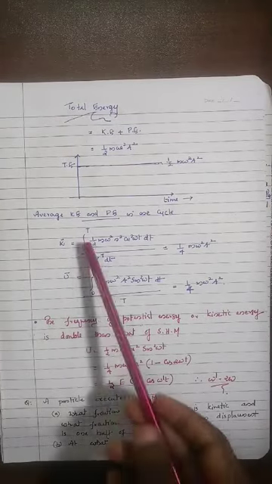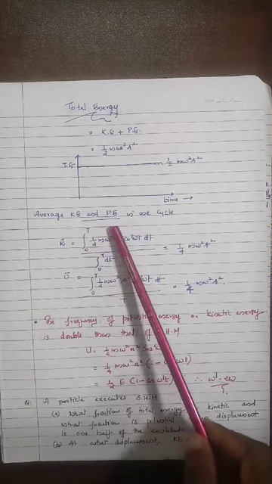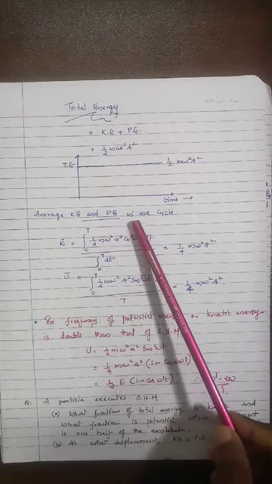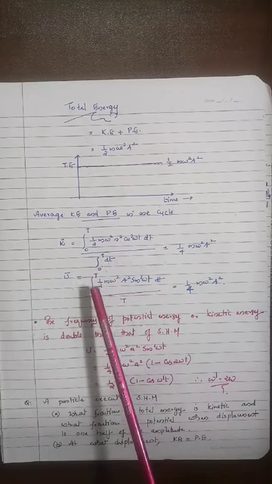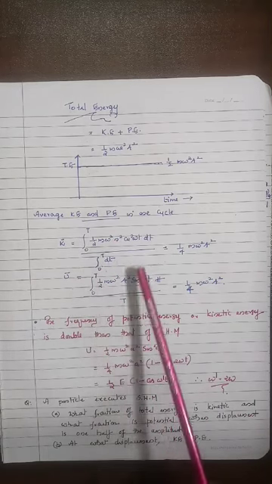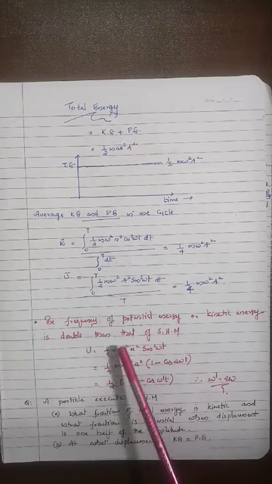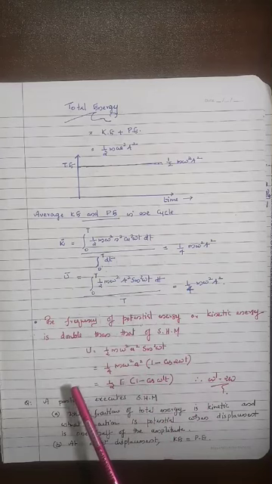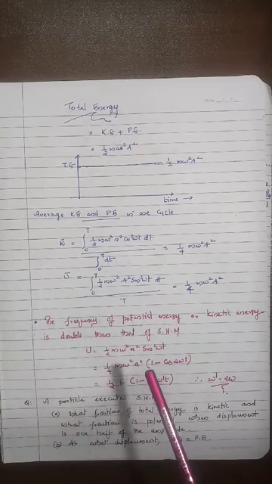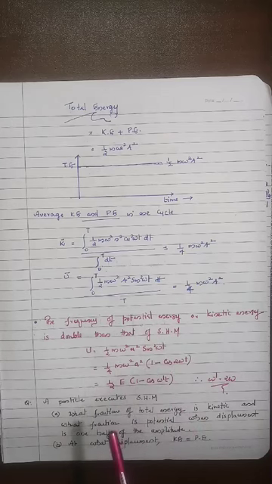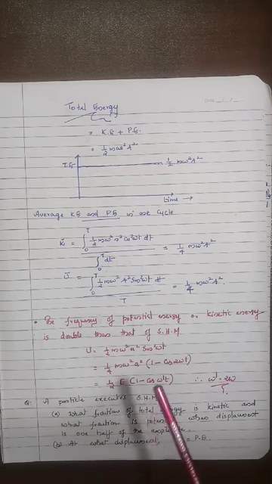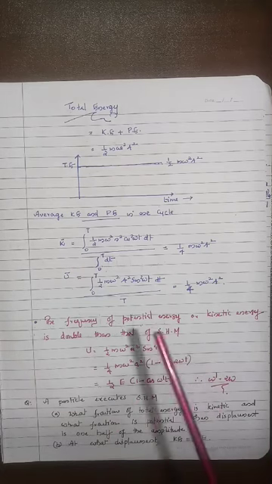We have to find the average kinetic energy and the average potential energy for one cycle. Look at the formula: integral 0 to T of the energy into dt, divided by the total time. Similarly, you take the potential energy. You get the relation 1 by 4 m omega square a square for both the terms.